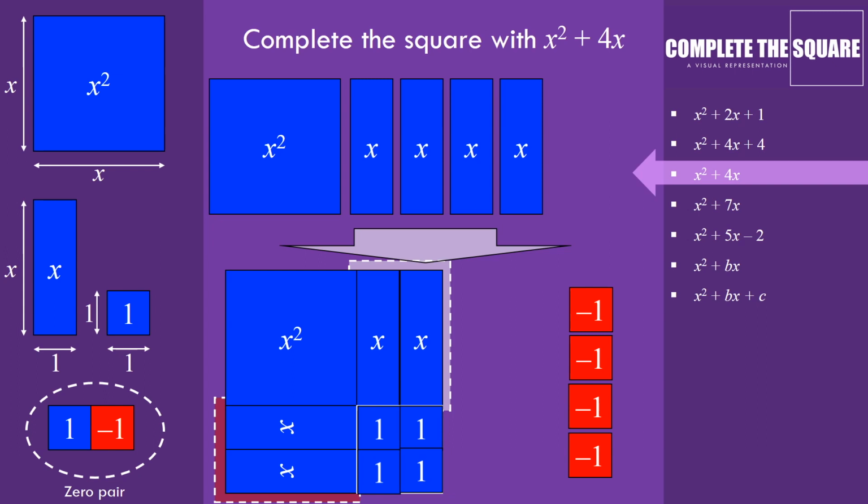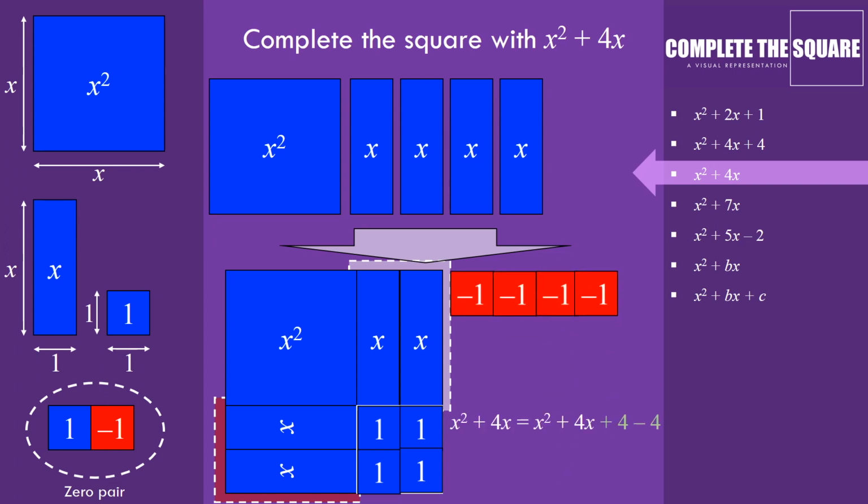However, we will have a balance of -4, but that's okay so long as we are able to form the larger square with the given tools on the left hand side. Algebraically, we now have x squared plus 4x plus 4 minus 4, whereby the first 3 terms as seen form a complete square, re-expressing the whole expression as (x plus 2) squared minus 4.